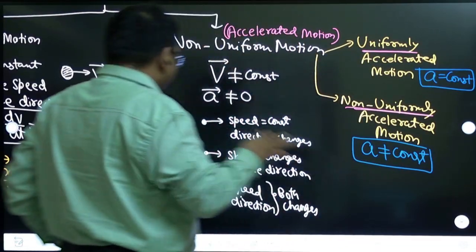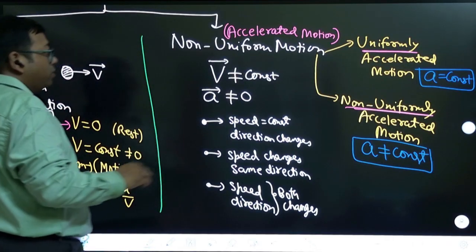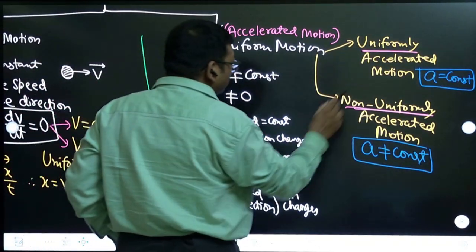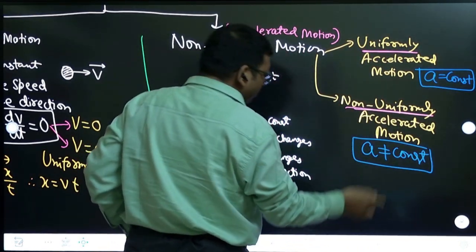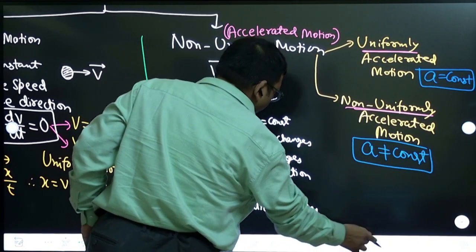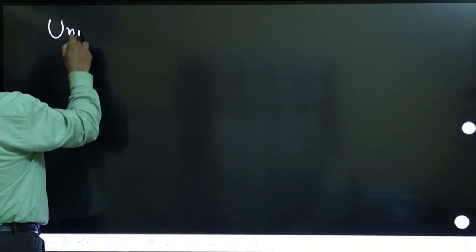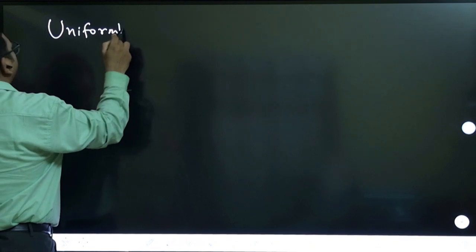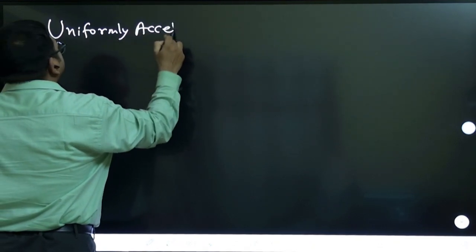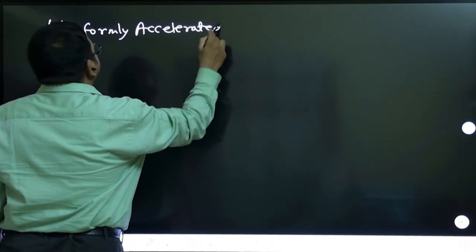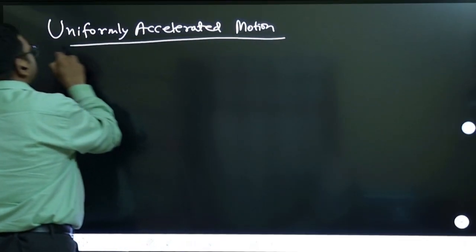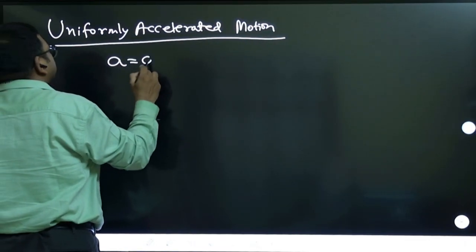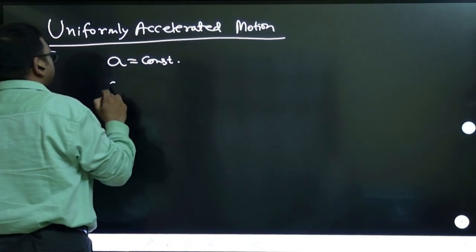Right. So let us go now into uniformly accelerated motion, and then we'll go to non-uniformly accelerated motion. We have to write equations. Uniformly accelerated motion means acceleration is constant, and we are discussing only motion in a straight line.